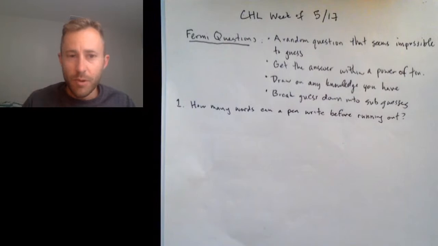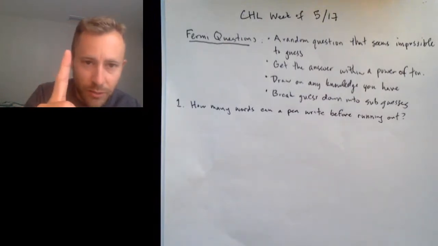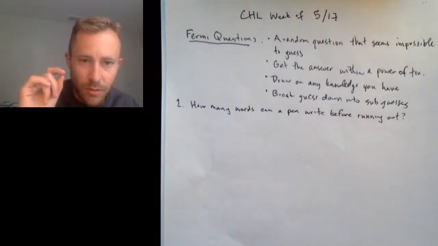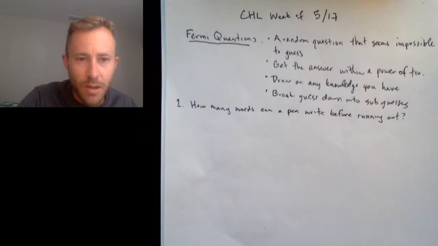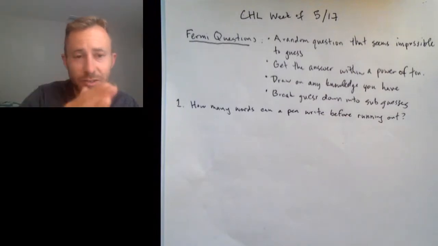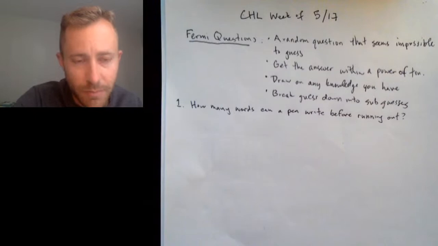Now, why is that going to be more accurate? It's because if you just make one guess, and I just say a million, for example, then that guess is likely to be above or below the true value.